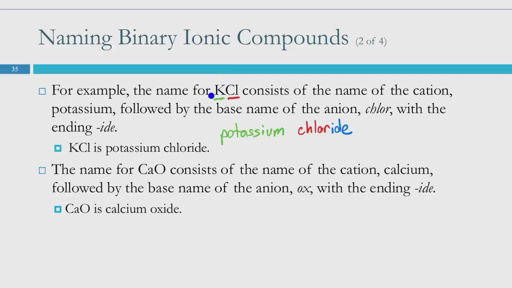Name of our metal, base name of our nonmetal, change the ending to "ide." For CaO, same process. Ca is calcium. The O is oxygen. The base for oxygen is ox. We change the ending to -ide, calcium oxide.